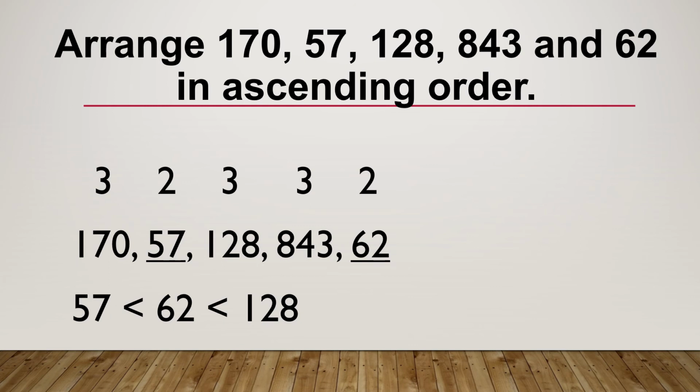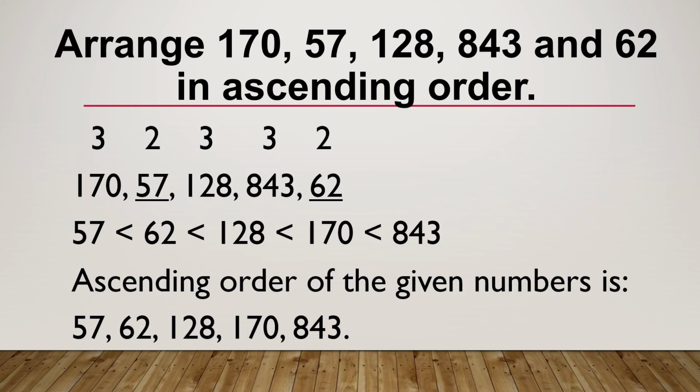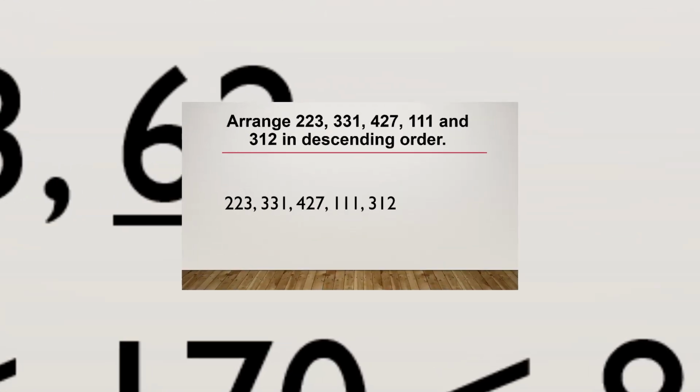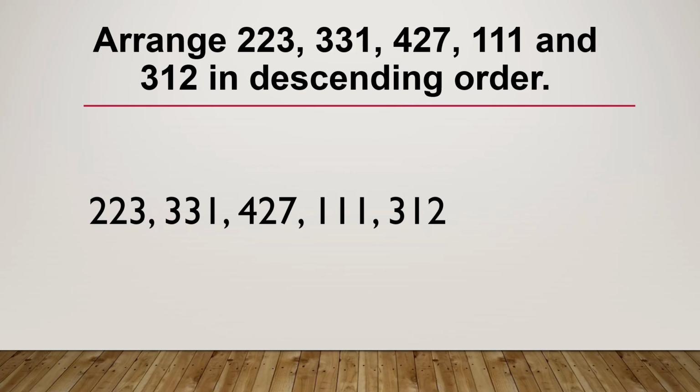And fourth smallest number is 170. And what is the number left here? 843. 843 is the greater number of all the given numbers. So the ascending order of the given numbers is 57, 62, 128, 170 and 843.